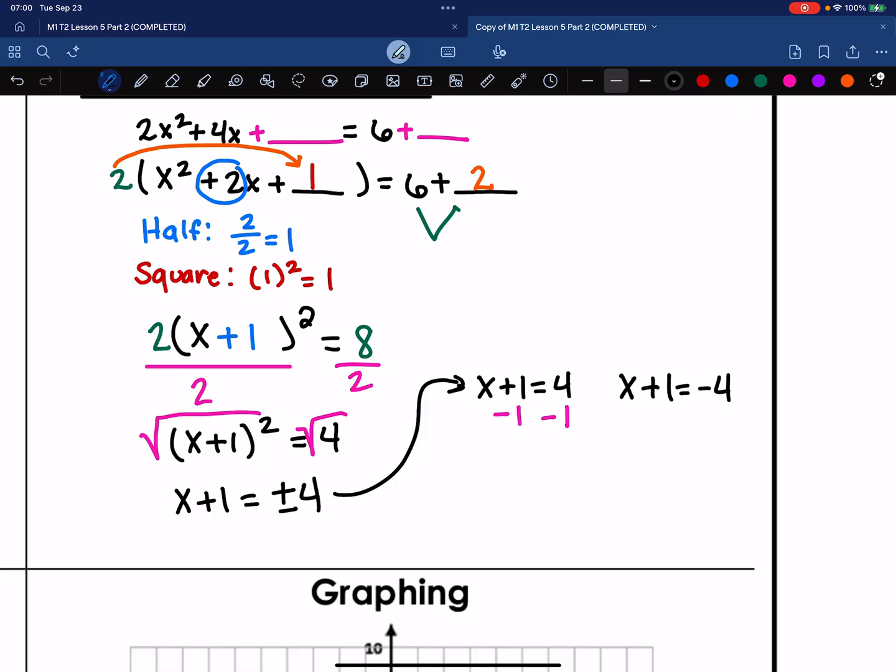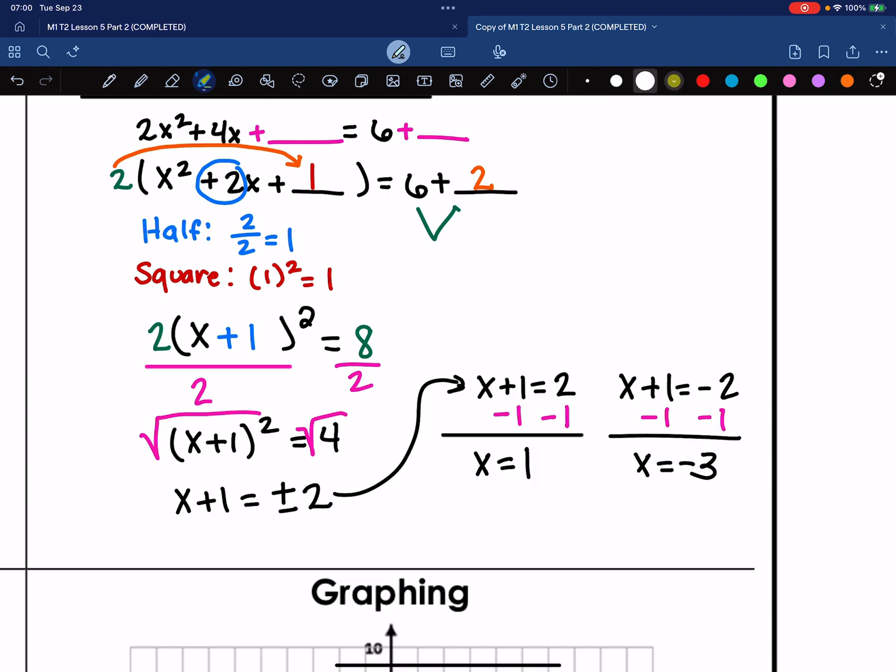I'm sorry, the square root of 4 is 2. So those 4s should turn into 2s. There we go. So when we subtract 1 from both sides, we get x equals 1. And over here, you also subtract 1 from both sides, and you get x equals negative 3.